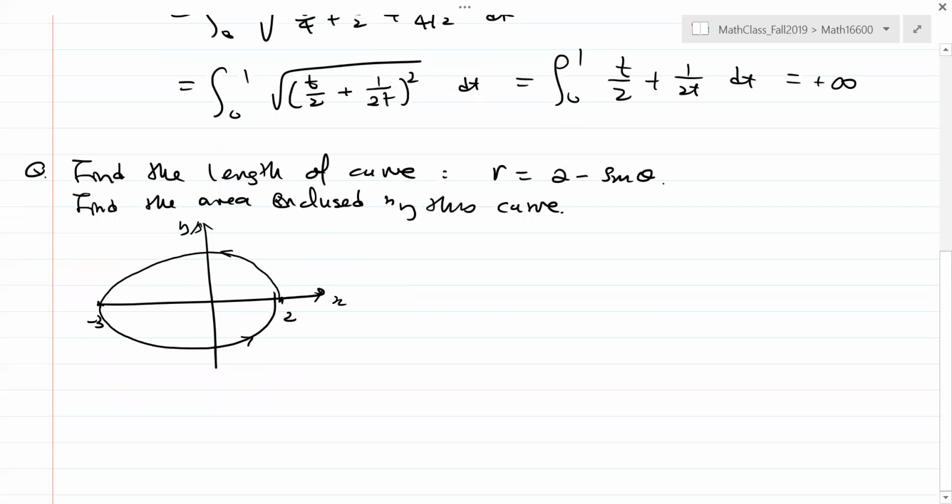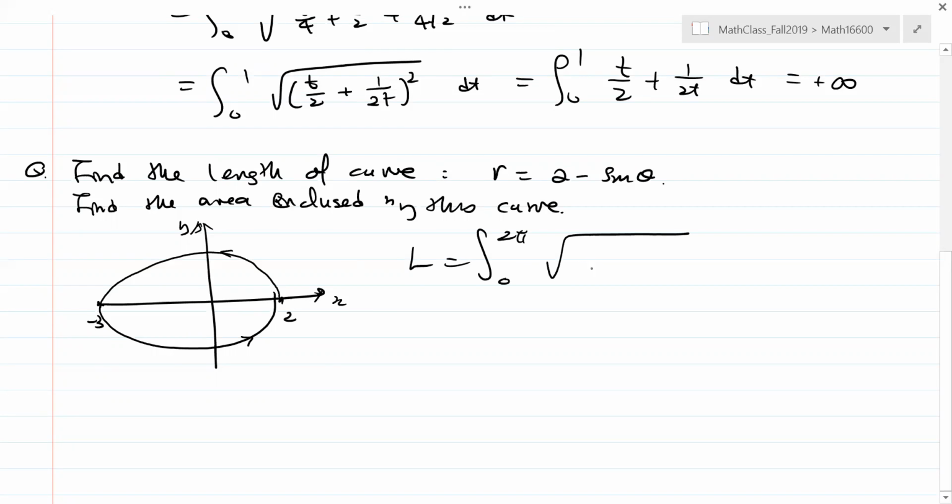The question is, do you still remember the formula for the arc length of a curve given by a polar equation? If you don't, then you have to try to derive the formula by yourself. The length, I think, is from 0 to 2 pi because it's complete.